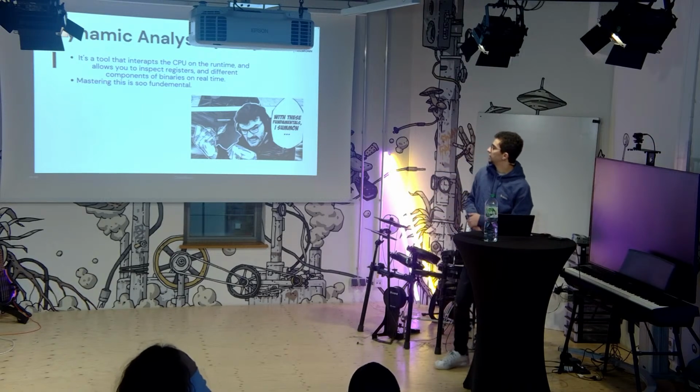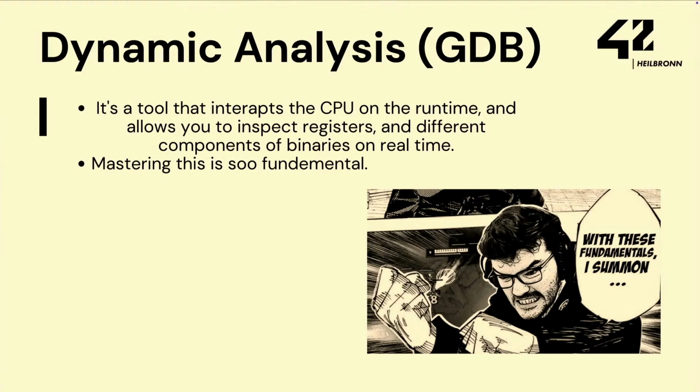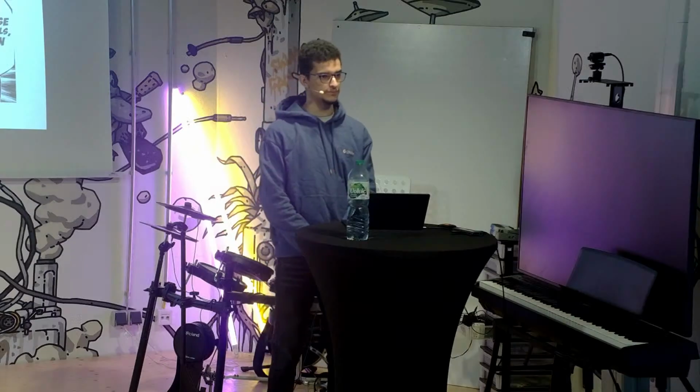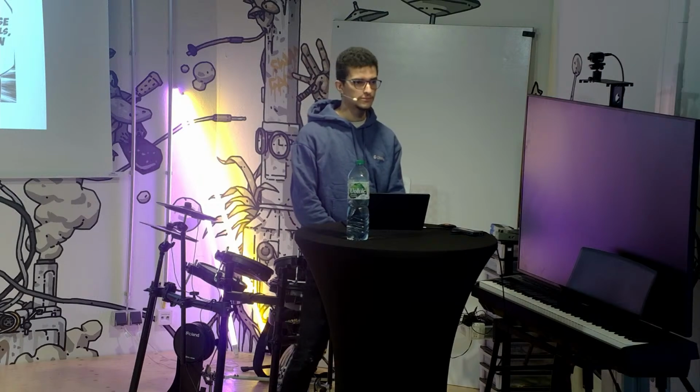So GDB, again, is a tool to interrupt the CPU at runtime. Interrupting, do you guys know what interrupting is? It's a special functionality of the CPU that will interrupt the current flow, whatever is running, and replace it with something that's predefined as an interrupt handler.